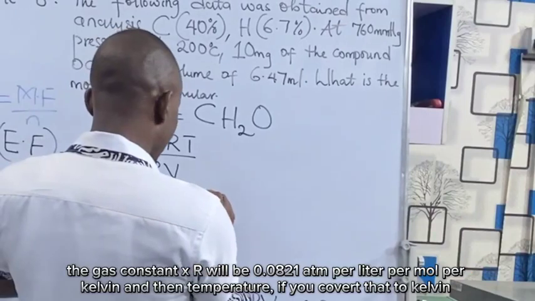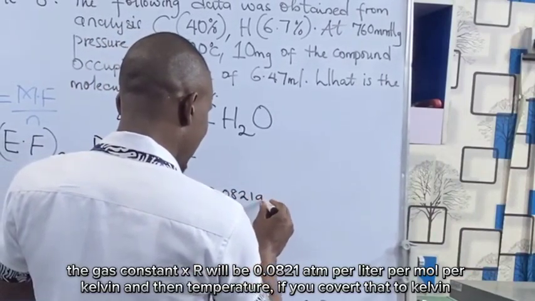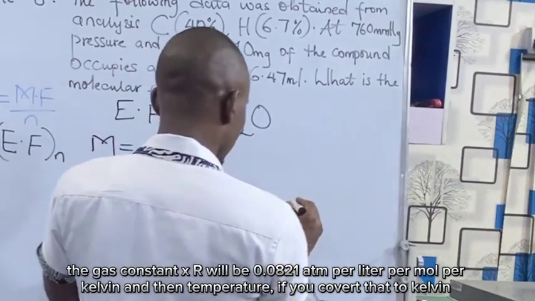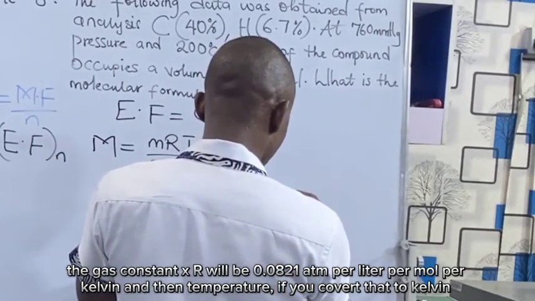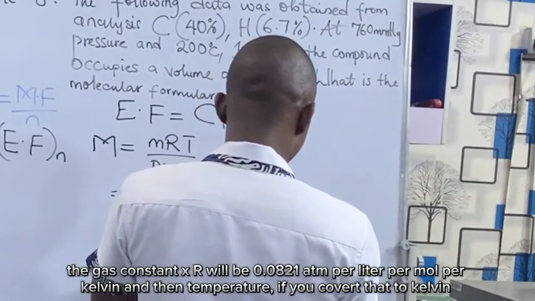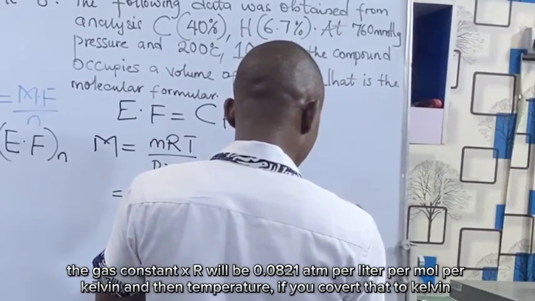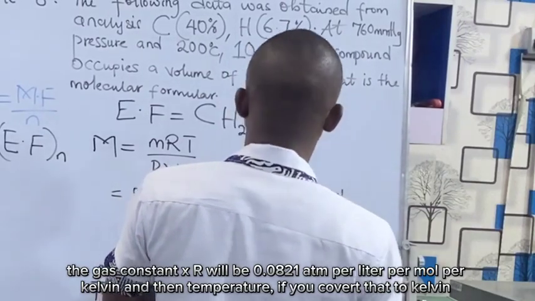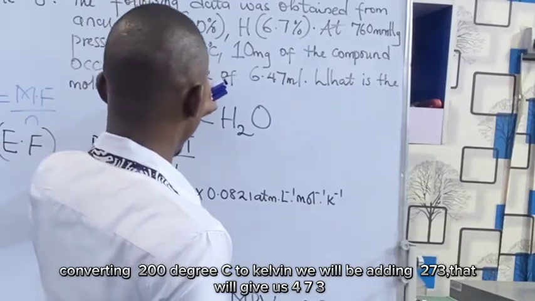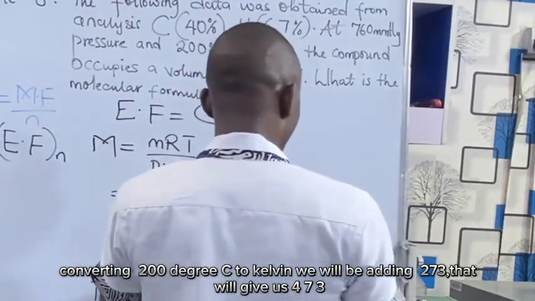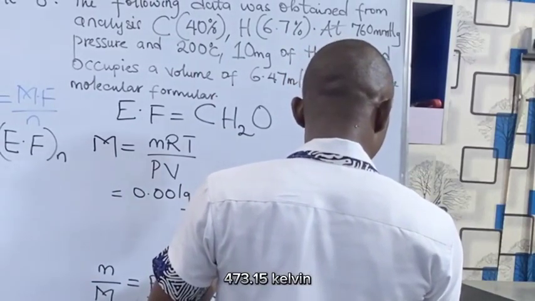The gas constant R is 0.0821 atm·liter per mole per Kelvin. And then temperature, we must convert that to Kelvin, converting 200 degrees to Kelvin, we add 273. That will give us 473.15 Kelvin.